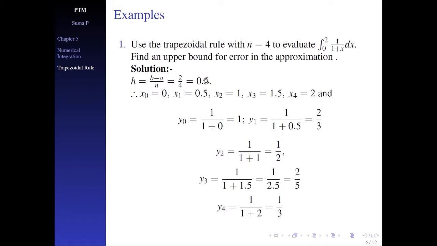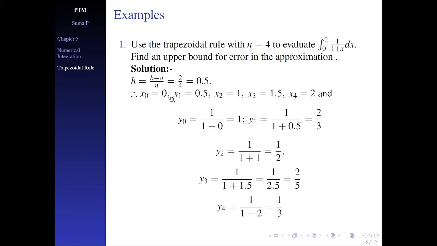So h is equal to 0.5, x0 is equal to 0, and x4 is equal to 2. The intermediate values: x0 equal to 0, adding h, x1 is equal to 0.5, x2 is equal to 1, x3 equal to 1.5, and x4 is equal to 2.